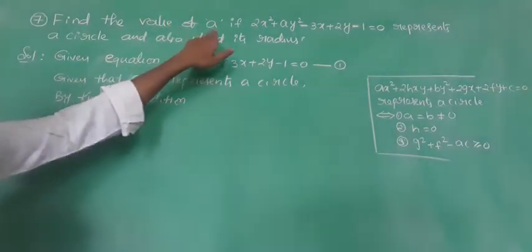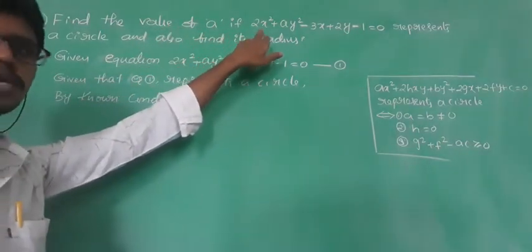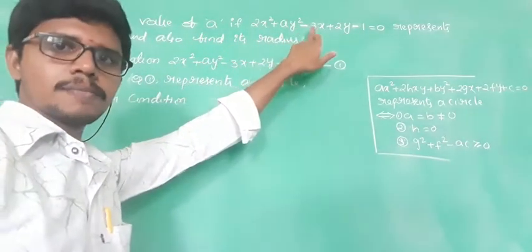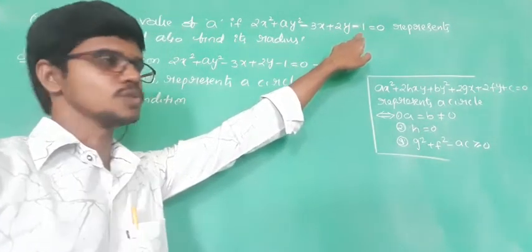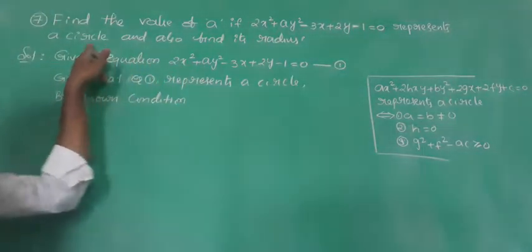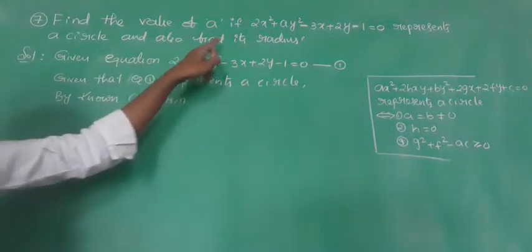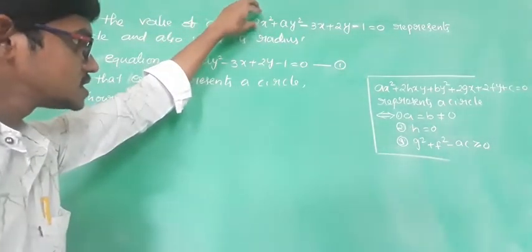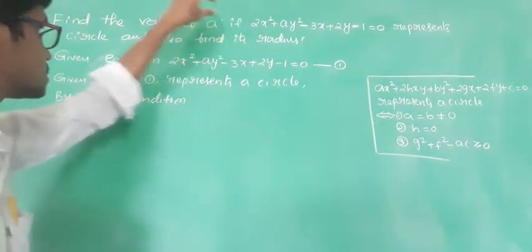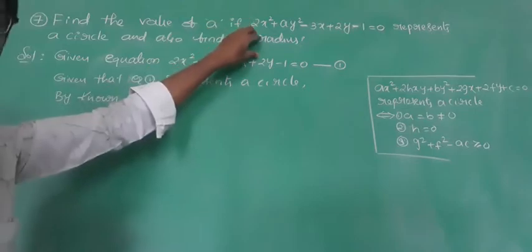Find the value of a if 2x square plus ay square minus 3x plus 2y minus 1 equal to 0 represents a circle, and also find its radius. I have given an equation, and it is given that it represents a circle. Find the radius.